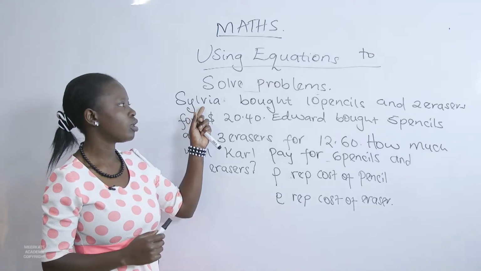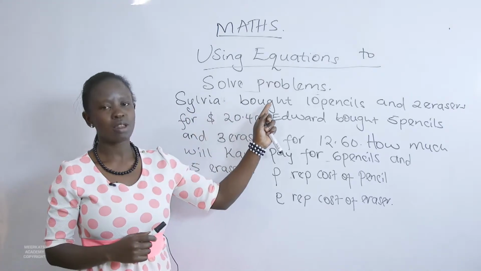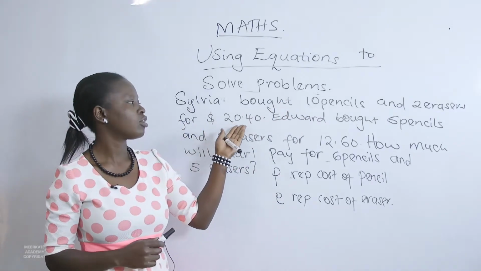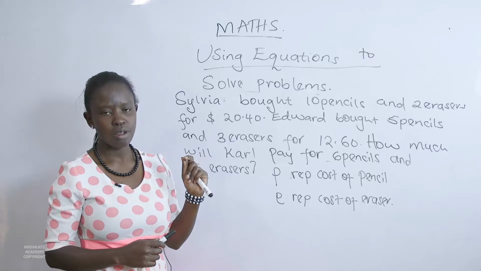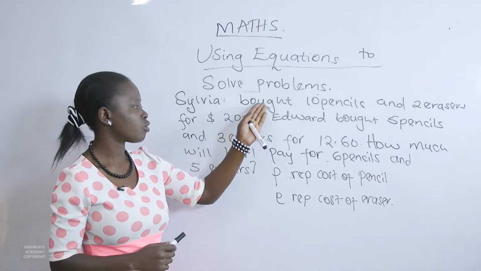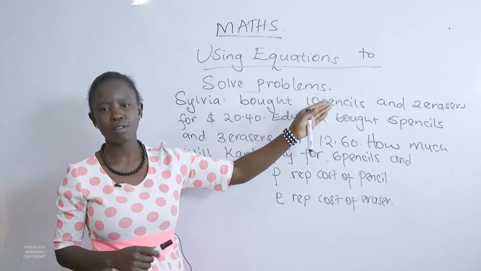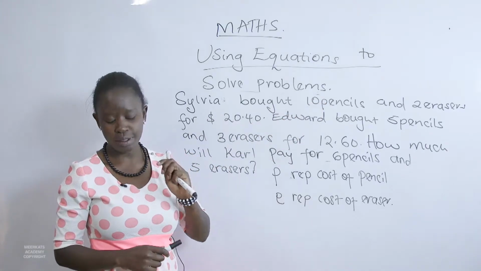So we are told that Sylvia bought 10 pencils and 2 erasers for $20.40. So we need to write an equation for this first situation, that Sylvia is buying 10 pencils and 2 erasers.